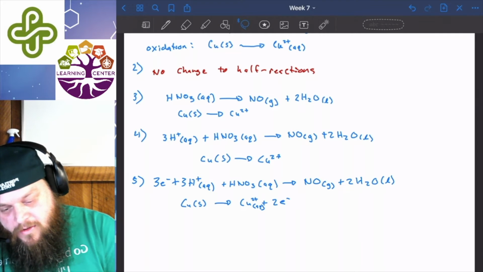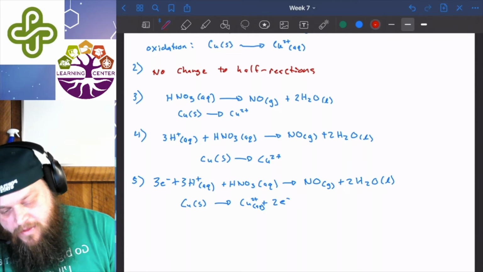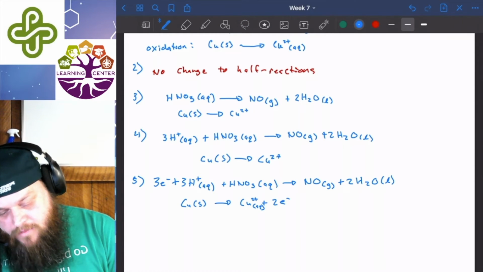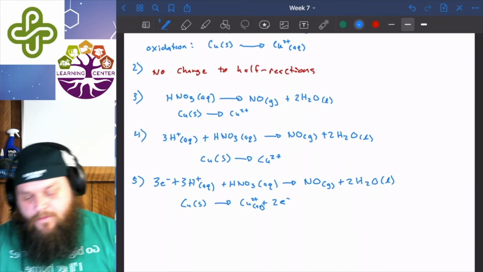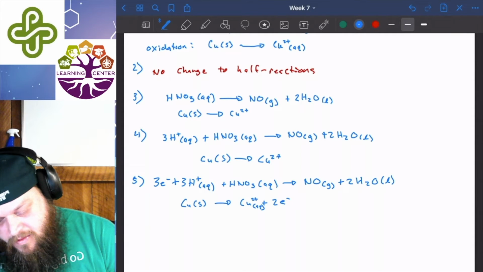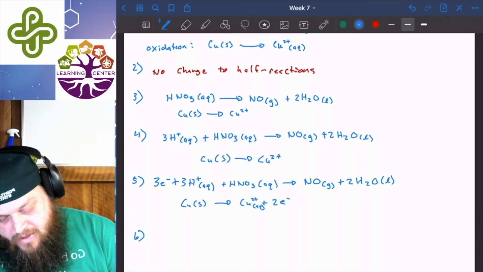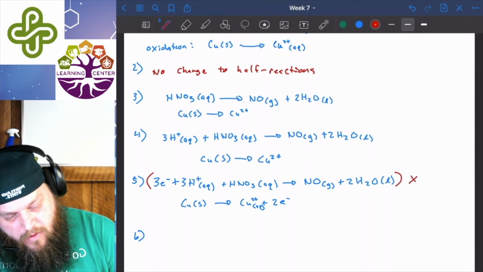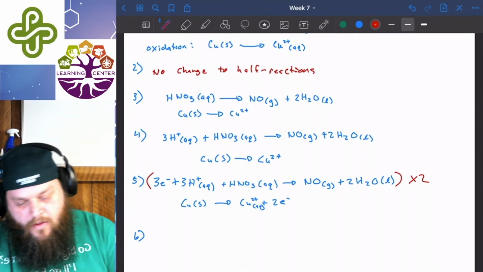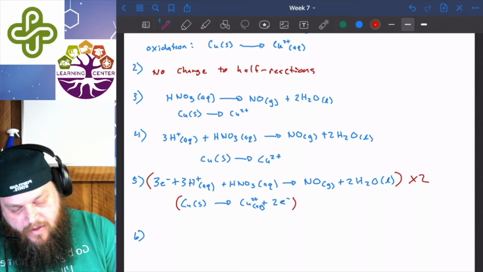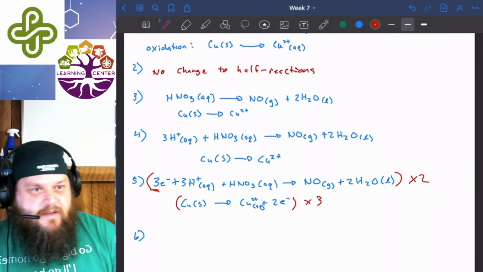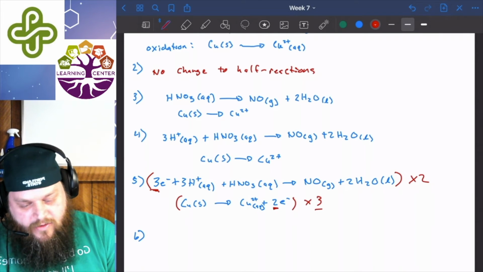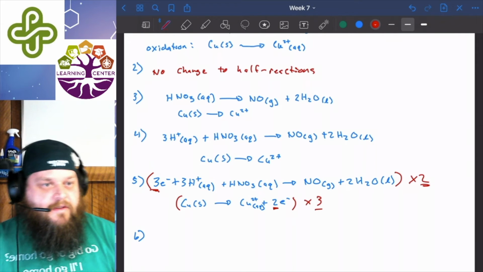So what we can do is multiply them by the least common multiple. In this case, we're multiplying this top whole equation by 2, and this bottom one by 3. There's 3 electrons there, so I know I have to multiply the bottom by 3. There's 2 electrons there, so I know I have to multiply the top by 2.